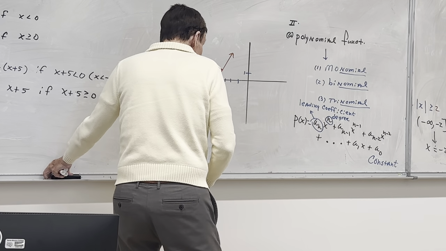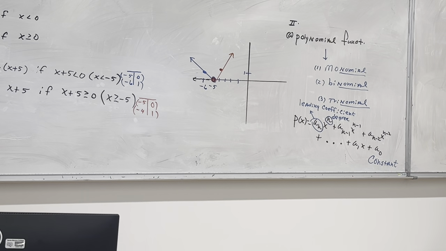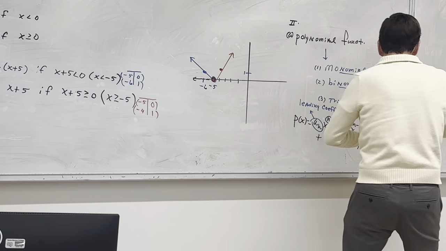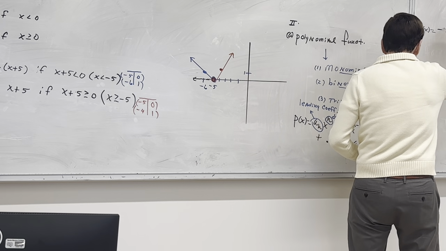Now, we have quite much to do with those polynomial functions, but let me do this. On the side here, let's write p of x. Now let's make up one real quickly.